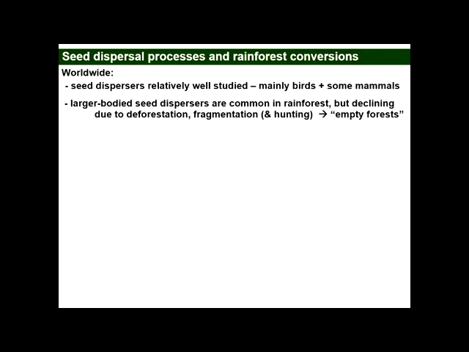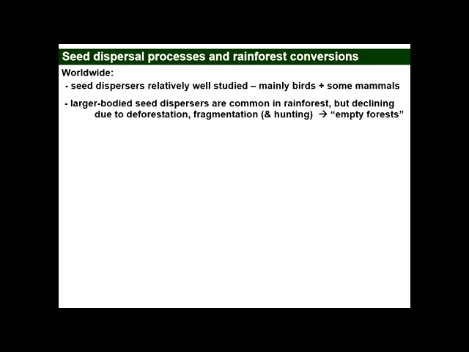In terms of seed dispersal in these kinds of forests worldwide, the fauna, the dispersers, really, I think, have been better studied than the trees in an ecological sense. And in the last decade or so, it's really become clear that around the world, we are losing the larger bodied seed dispersers due to a variety of processes that include deforestation, fragmentation, and in particular hunting.